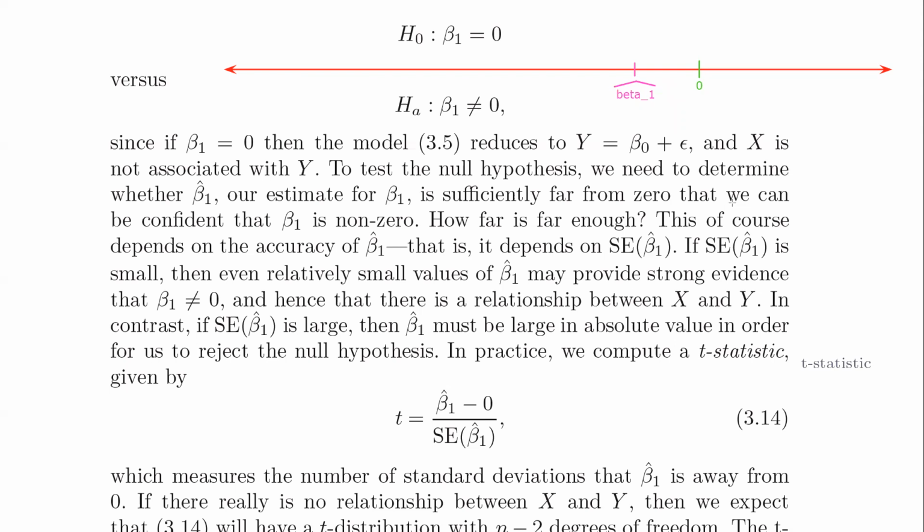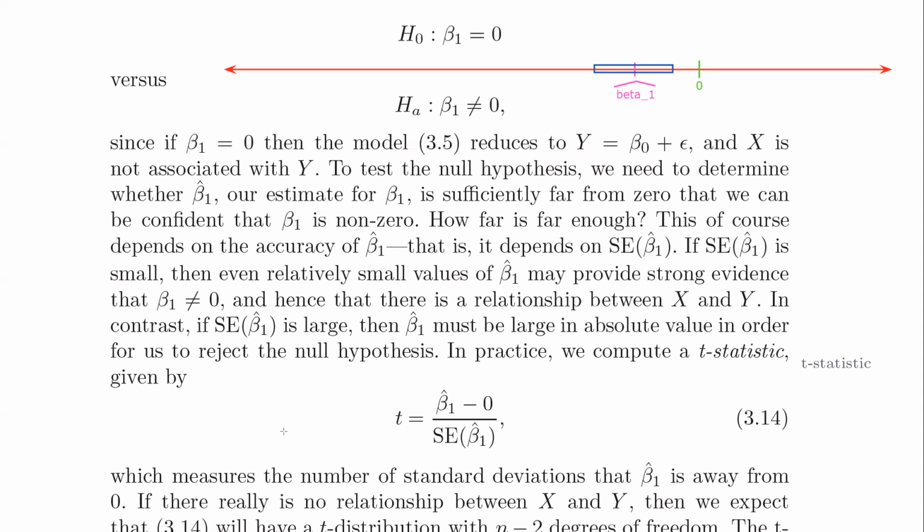As I increase x, y decreases. But that's not the full story. You also need to include the confidence interval. And that confidence interval might be like this, which means even in an extreme scenario, if the true beta 1 is actually here, it's still negative.